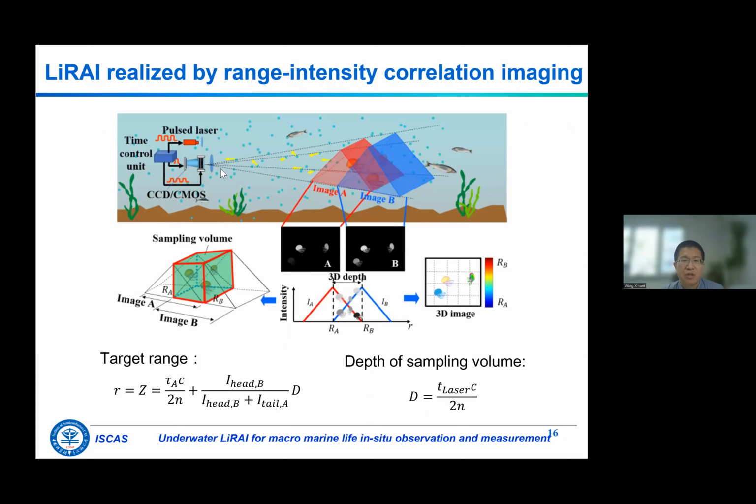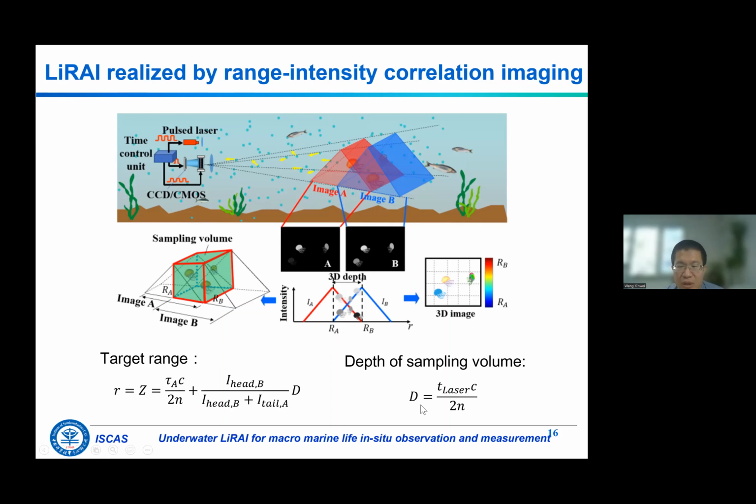In this method, a pulsed laser is used to light objects, and also a gated camera is used to collect the echo signal from the target. The time control unit synchronizes the time delay between the gate pulse and the laser pulse. Therefore, we get two images, image A and image B, and based on the two gated images, we can obtain three-dimensional information from this equation, and we also can obtain the depth of the sampling volume.